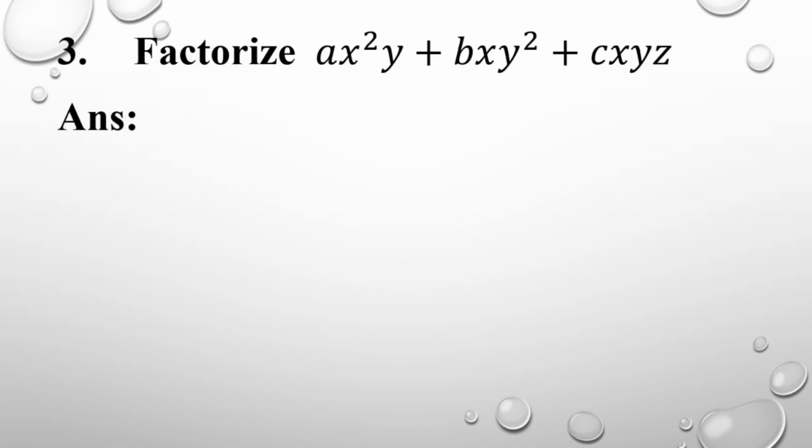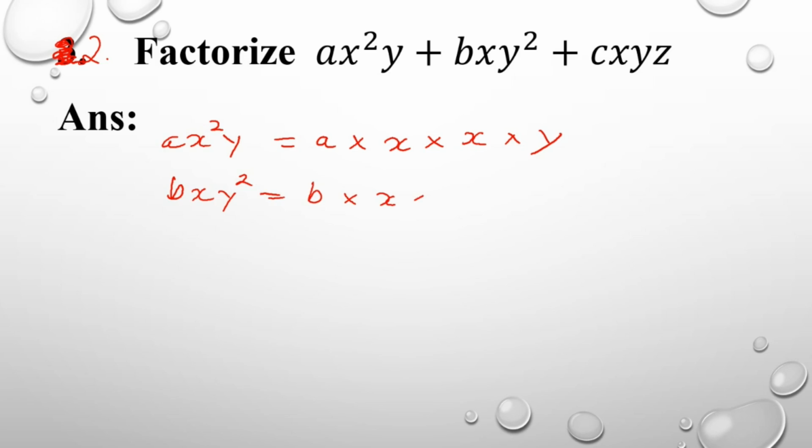Factorize ax square y plus bxy square plus cxyz. This is the second example. ax square y can be written as a into x into x into y. bxy square can be written as b into x into y into y.